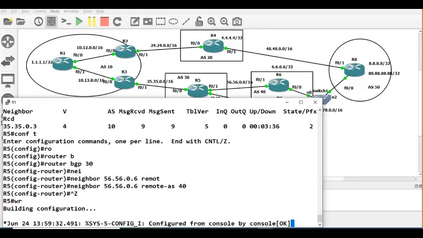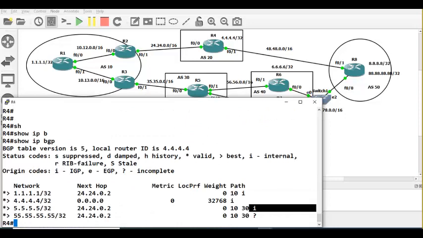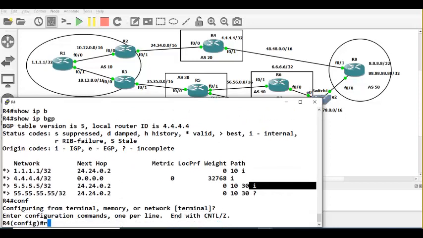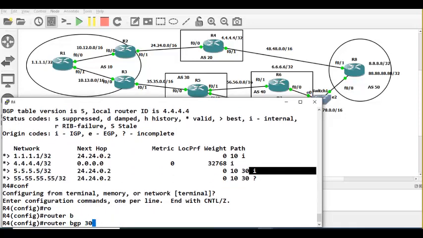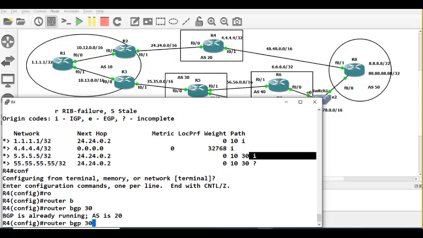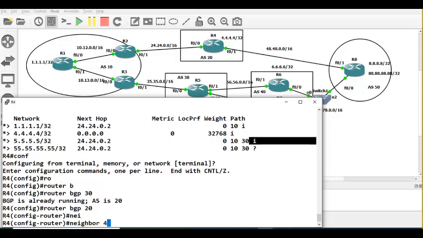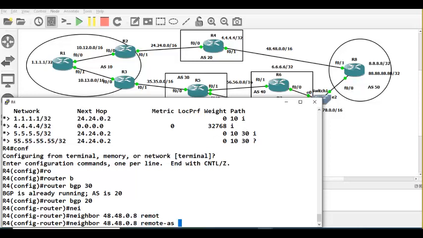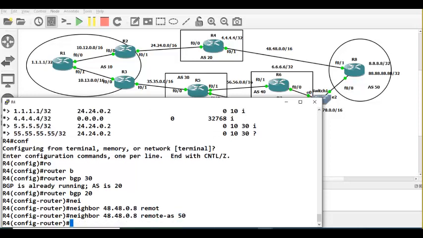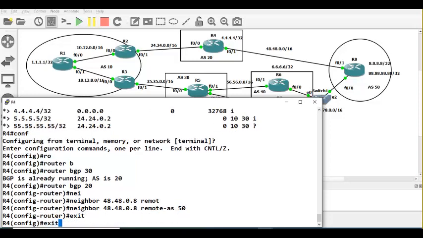So router 4, router BGP 30, sorry, 20. Neighbor 48.48.0.8, remote AS is 50. Done. Router 4 is also configured.